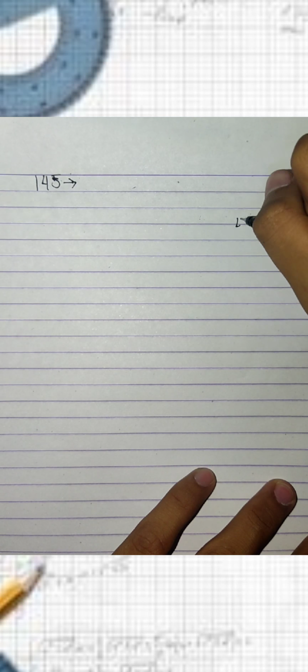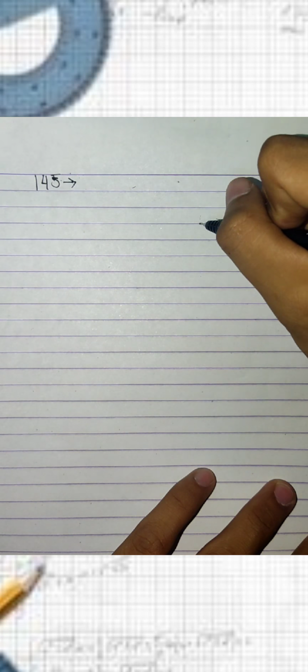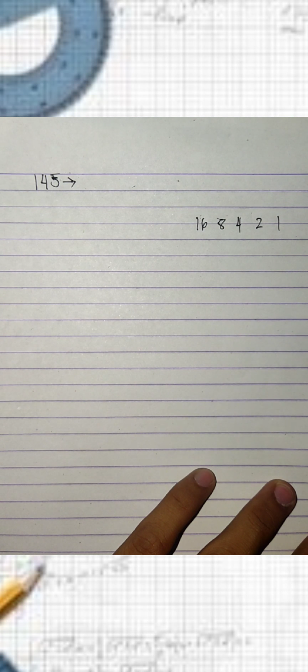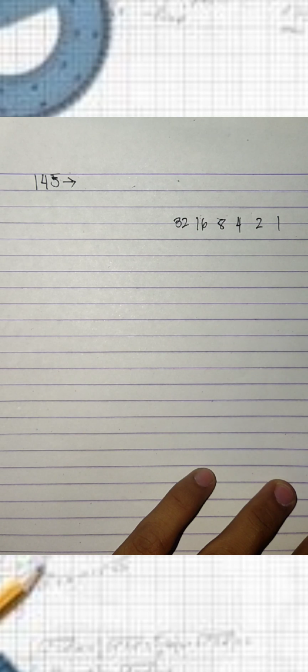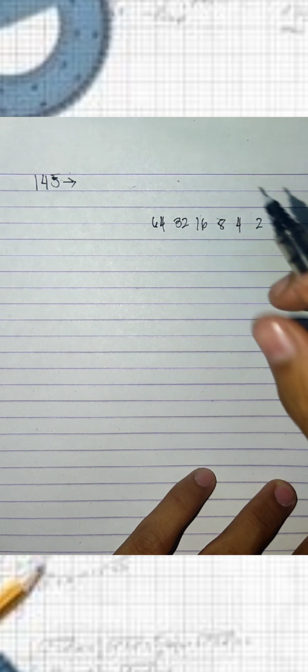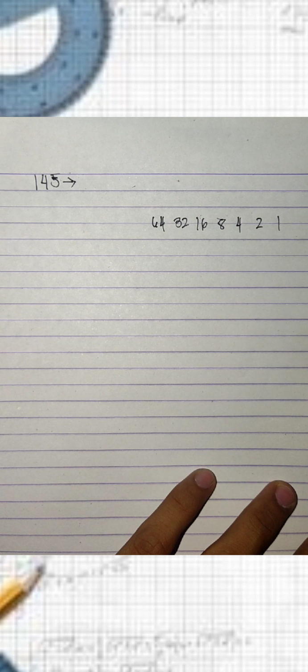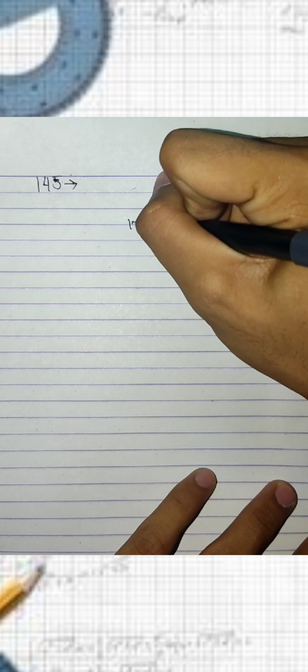Like, 2 to the 0 power is 1. 2 to the first power is 2. 2 to the second power is 4. 2 to the third power is 8. 2 to the fourth power is 16. 2 to the fifth power is 32. 2 to the sixth power is 64. 2 to the seventh power is 128.